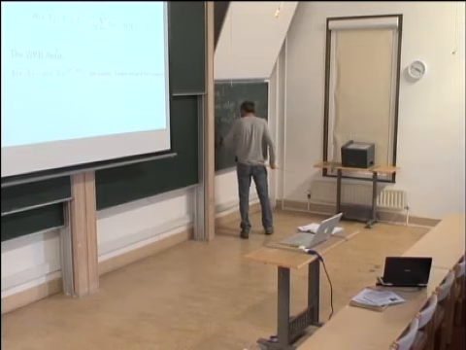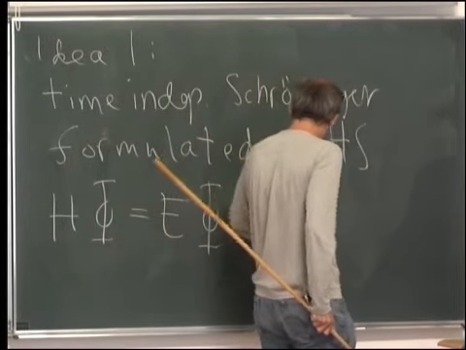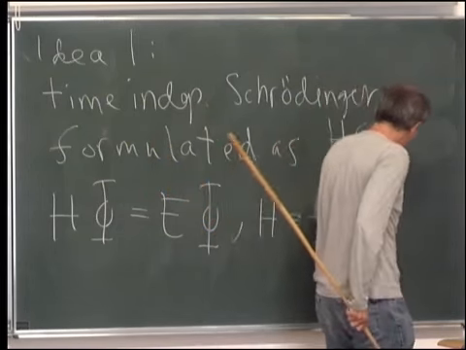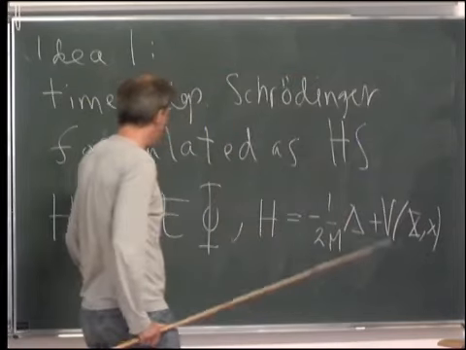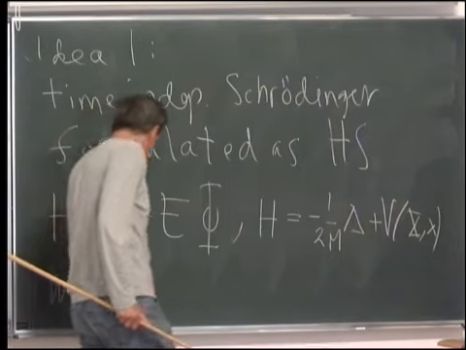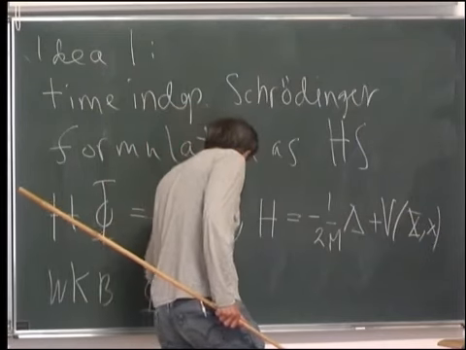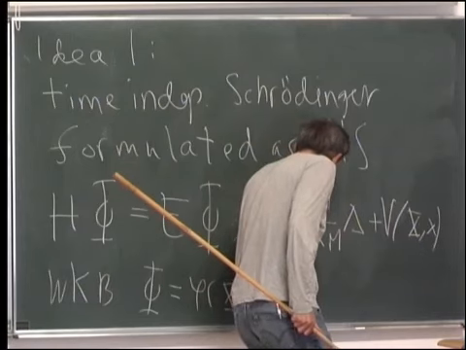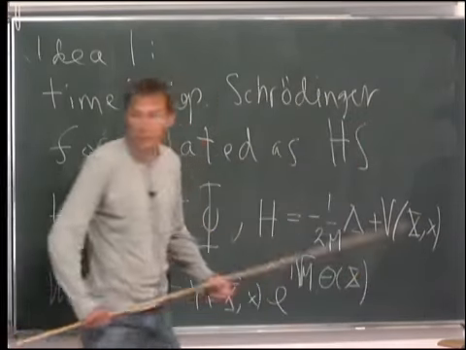We have the Hamiltonian like this, and then we have the WKB ansatz like that.